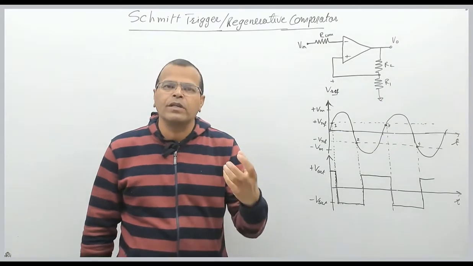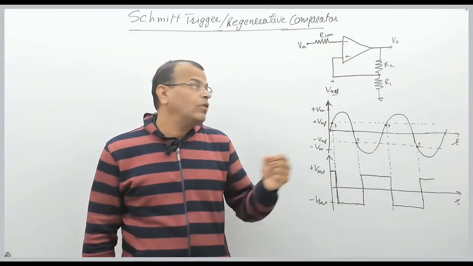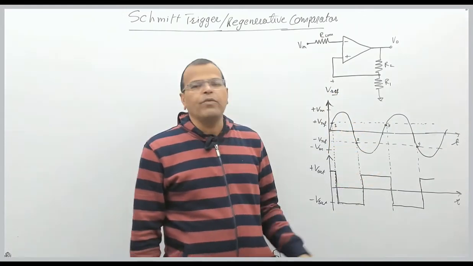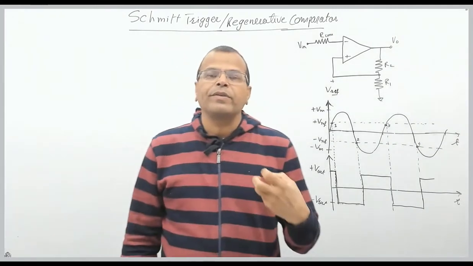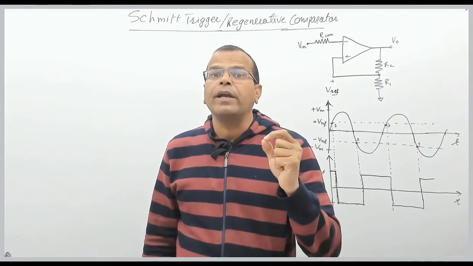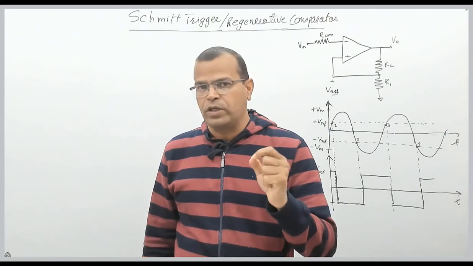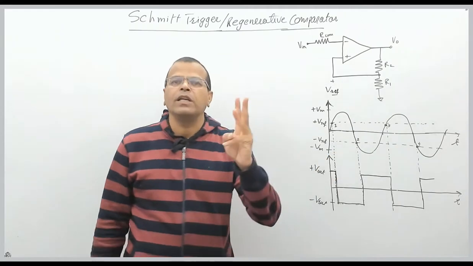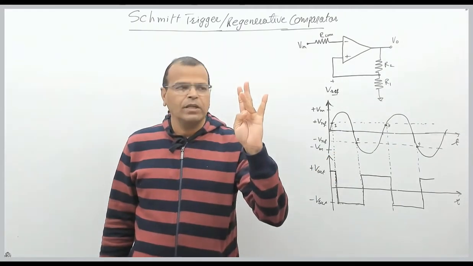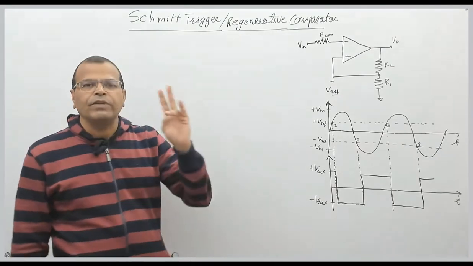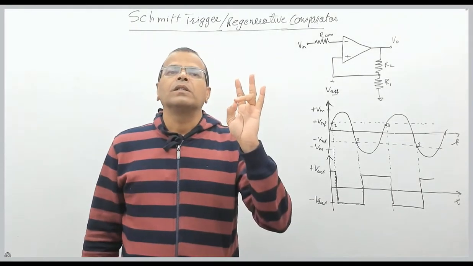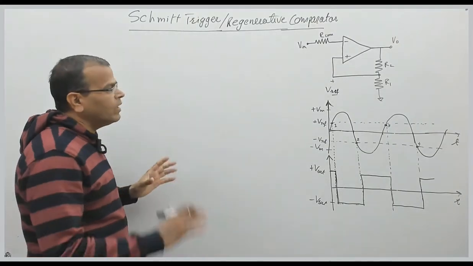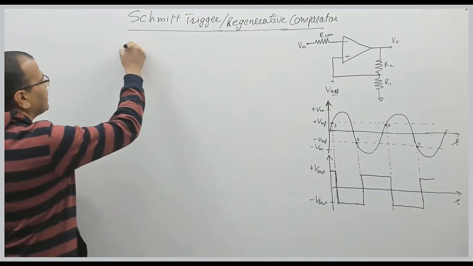We will see how we get this square wave, but because of this characteristic, sine wave is converted to square wave, so we call this a sine to square wave converter as well. So there are three names of this circuit: Schmitt trigger, regenerative comparator, and sine to square wave converter circuit. Fine. Now let us go for mathematical analysis.